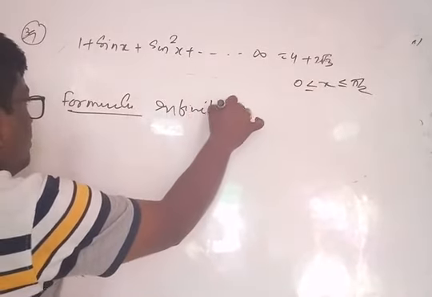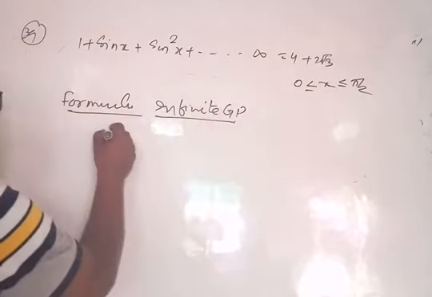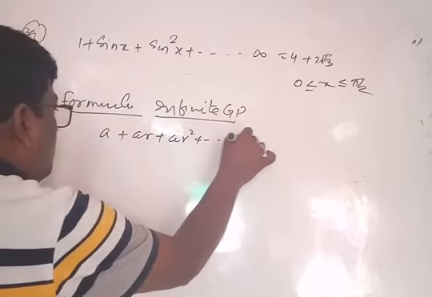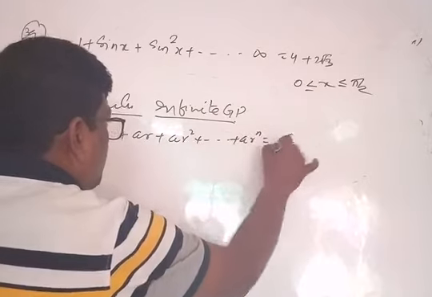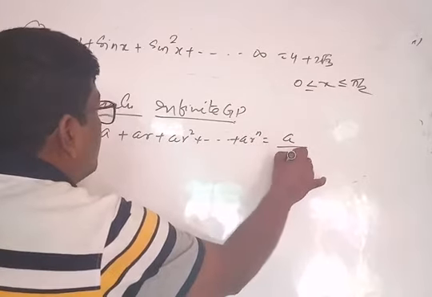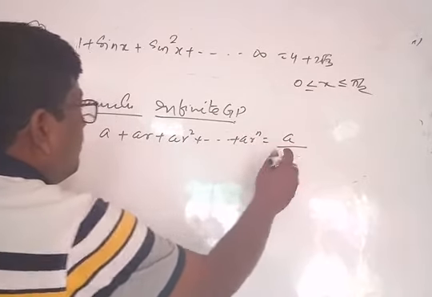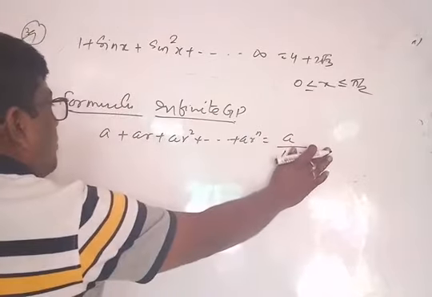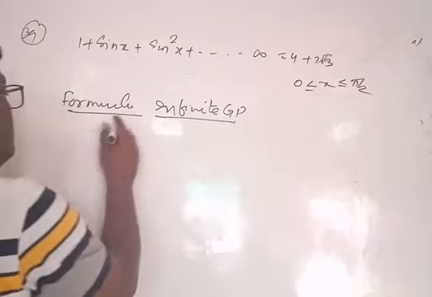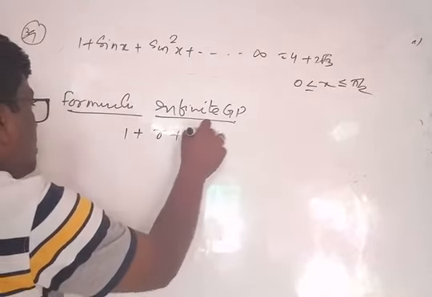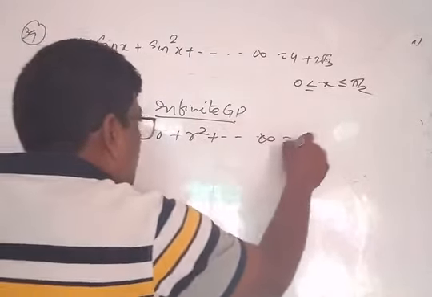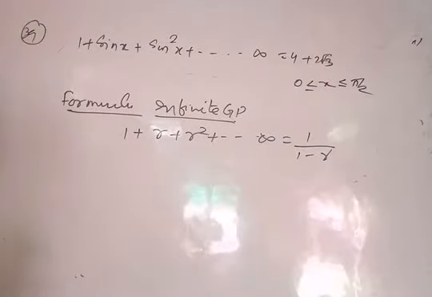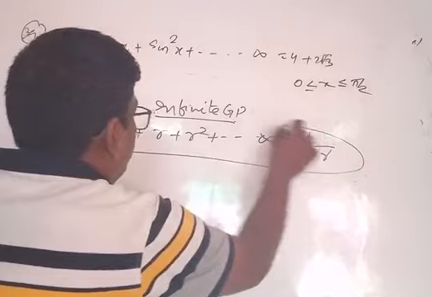The formula is a plus ar plus ar square up to infinity is equal to a by 1 minus r. Here this is 1 plus r square up to infinity is equal to 1 by 1 minus r. This is the required formula to apply here.